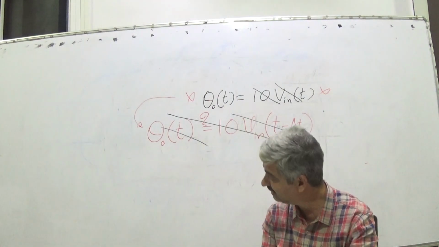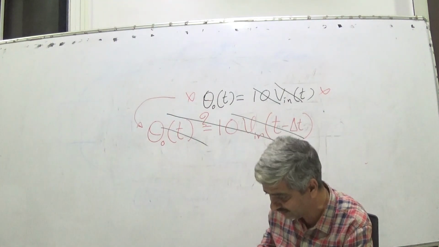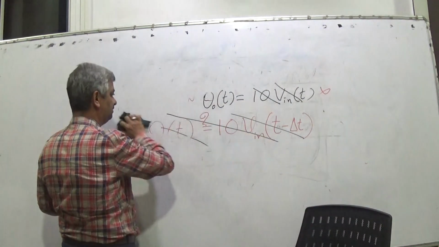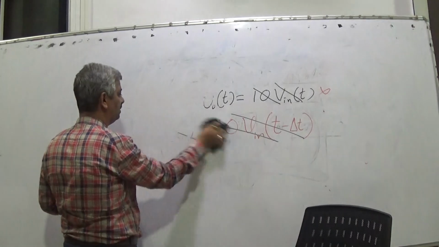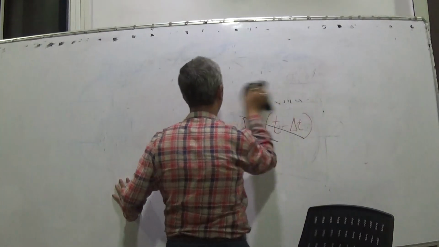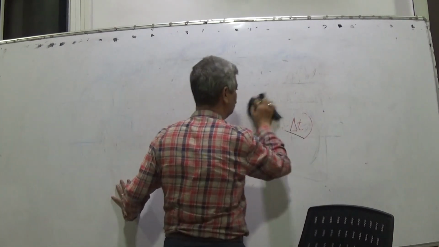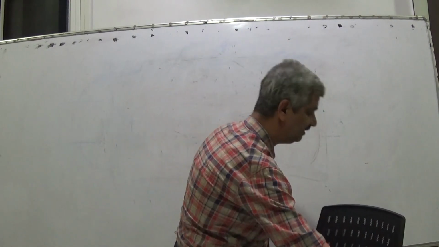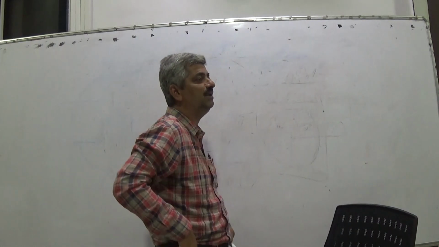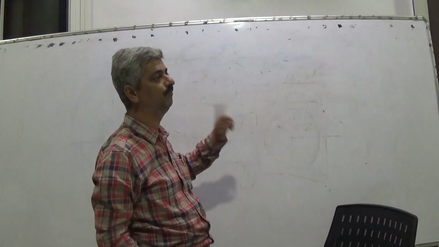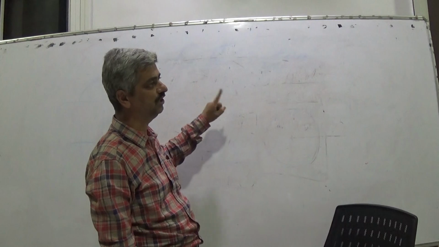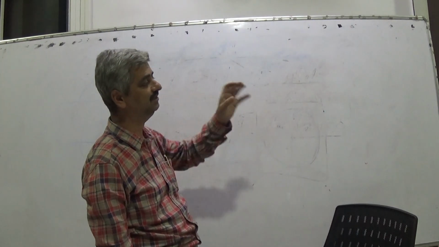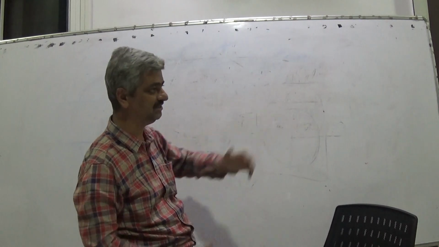I am not coming to the final answer directly, but we go towards the answer slowly. So the voltmeter which gives me 30 degrees for 3 volts, 20 degrees for 2 volts, that is, the degrees per volt is 10.